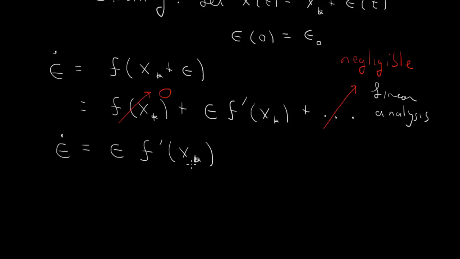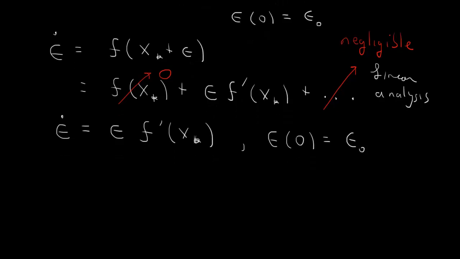Okay? We can solve this differential equation. We have the initial condition epsilon of 0 equals some given small value, epsilon naught. This is a separable equation, but we should know the answer. The time derivative of epsilon gives us back epsilon times a constant.